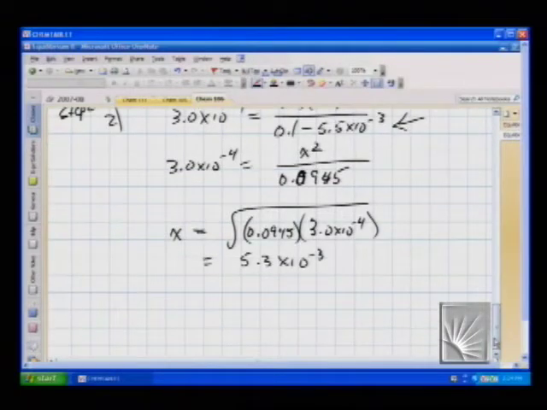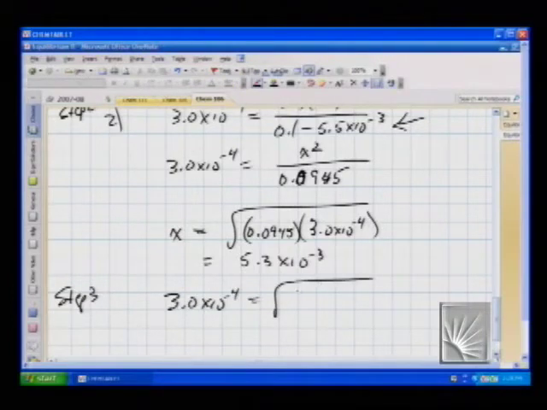Well, guess what you need to do? Do it again. 3.0 times 10 to the minus 4 equals x squared over 0.1 minus x, using the new value.